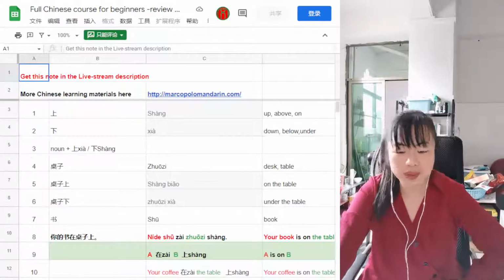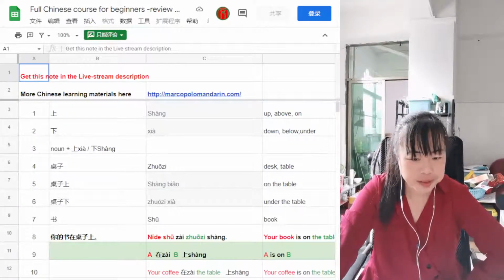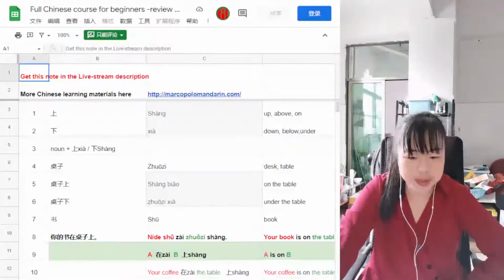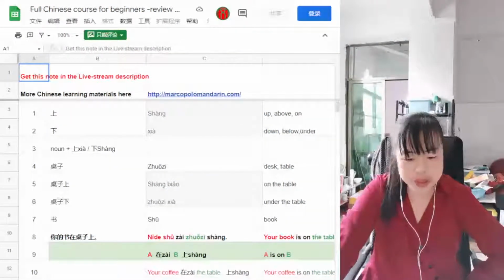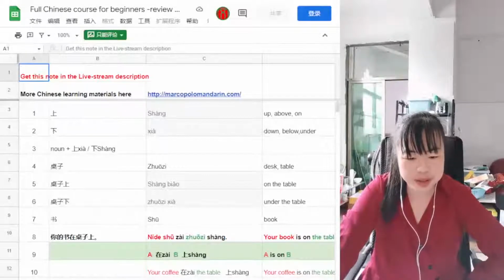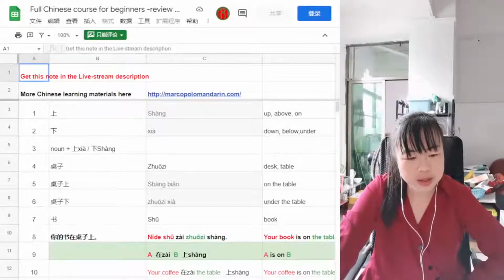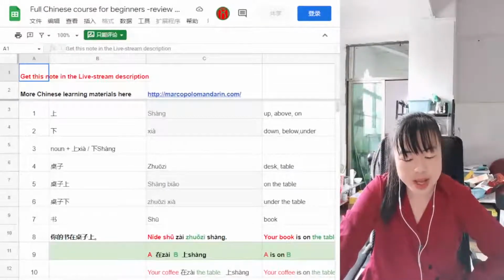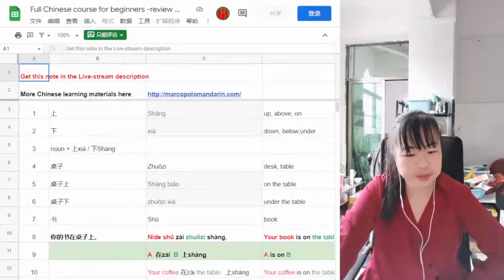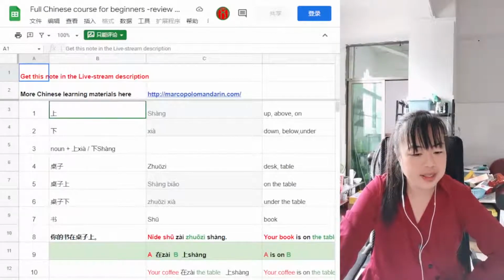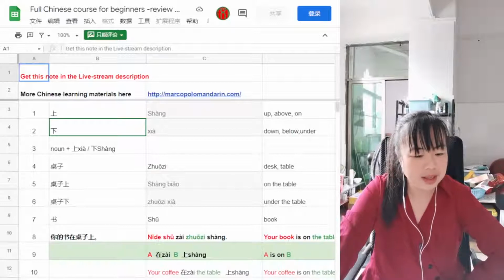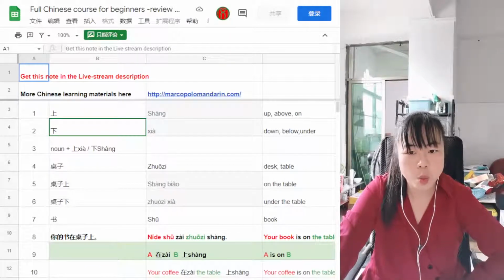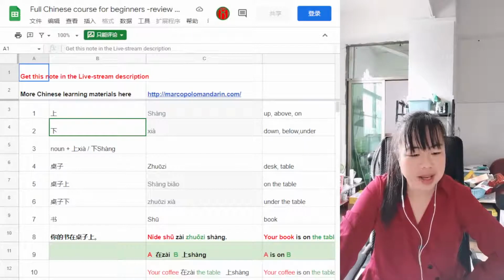Okay. Any question about this part? If you don't have any question, let's move forward. As we mentioned, all the directions nearly follow the same pattern. Just now we have 上 and 下 and 上边 and 下边, and we have 里 or 里边 and 外 or 外边, right?